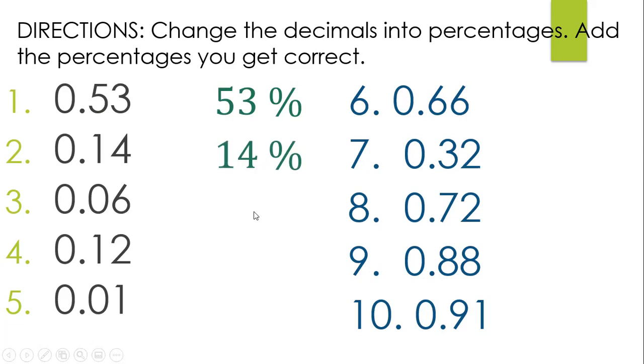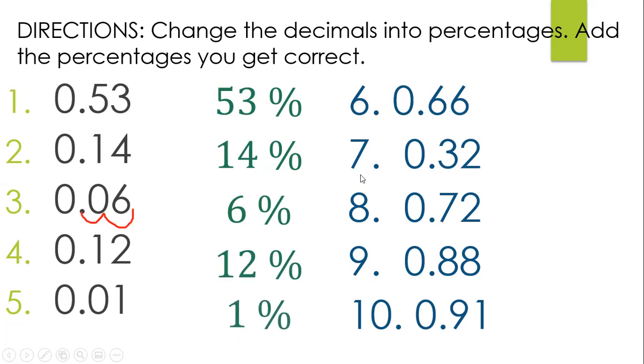0.06. Makukuha natin kapag minove natin yung decimal point to the right ng dalawang beses, we get 6%. For number 4, 0.12, we get 12%. And for 0.01, that is 1%.